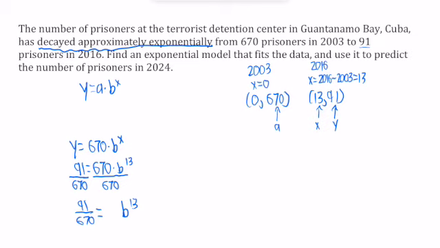And then to get b by itself, we take the 13th root of both sides. So if I use my calculator to calculate the 13th root of 91 over 670, I get about 0.85764.